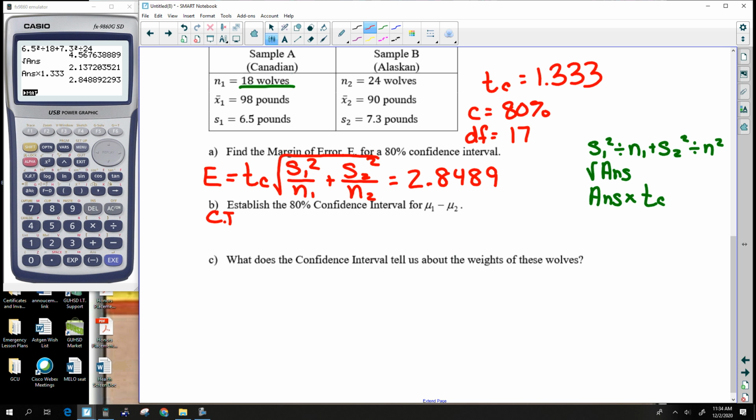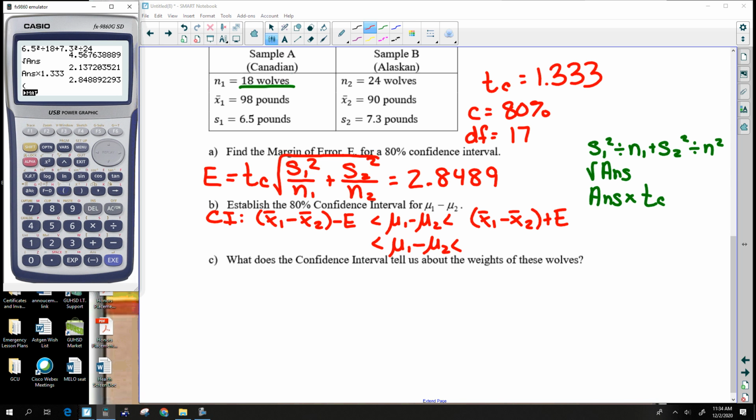Okay, the confidence interval is the same as above, which is x bar 1 minus x bar 2 minus e, which is less than mu1 minus mu2, which is less than x bar 1 minus x bar 2 plus e. This middle piece remains mu1 minus mu2. All I do is I get the answers to the two sides. So the left-hand side is going to be x bar 1 minus x bar 2 minus e.